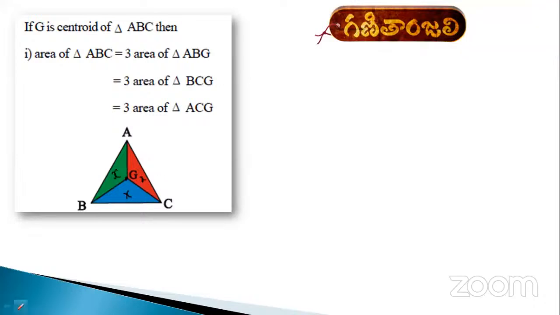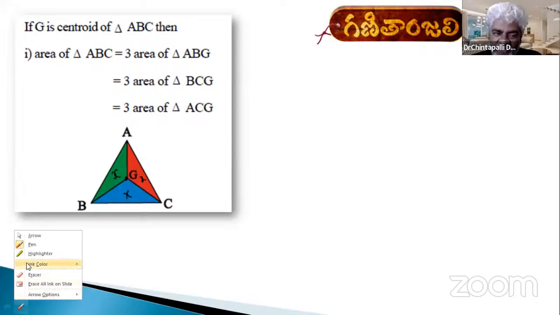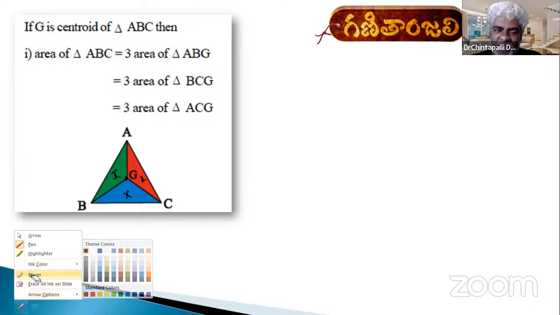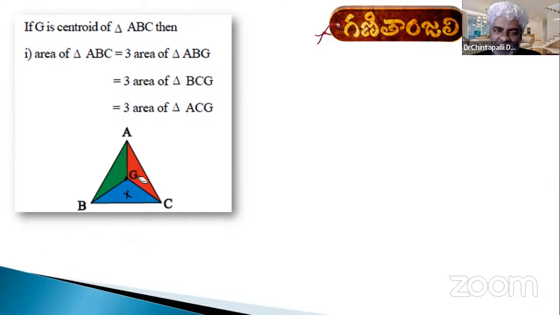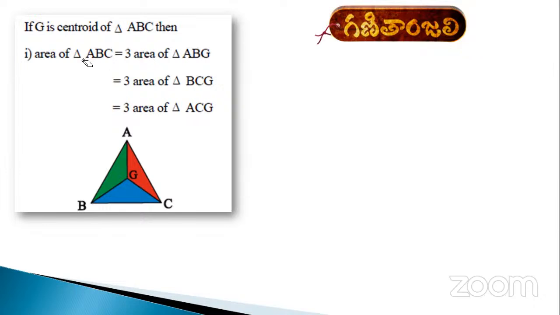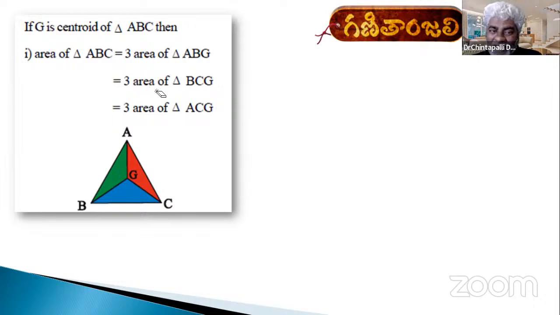So if we know the area of any of the inner three triangles formed by the centroid, then the total area is three times that. So area of triangle ABC is equal to 3 times area of triangle ABG, or 3 times area of triangle BCG, or 3 times area of triangle AGC, right?